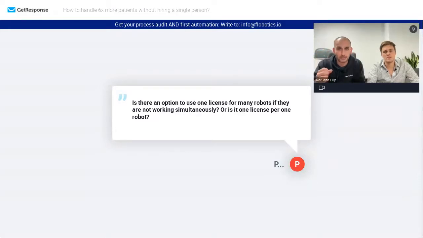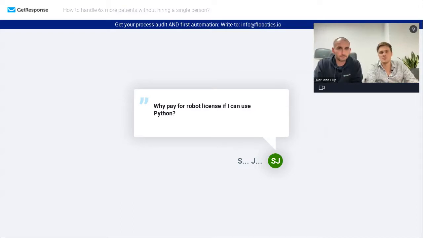So if we write 6 robots that run for 4 hours each, one after another, this is one license. We had cases when one license was responsible for 30-something processes, so it's not limited in the number of different tasks. Thank you, that was a very nice question, Sarah.